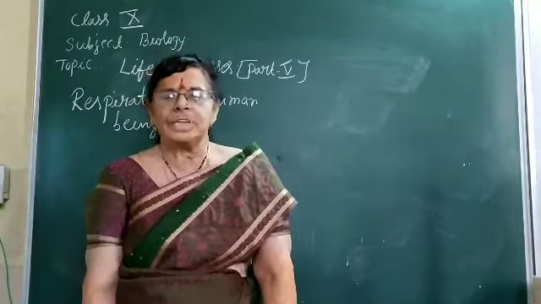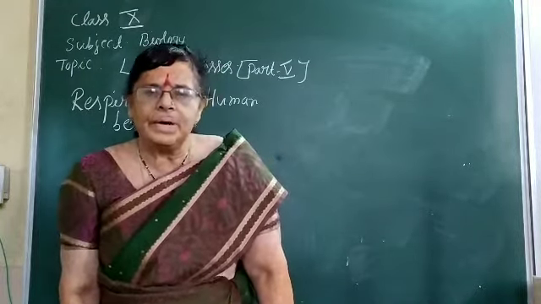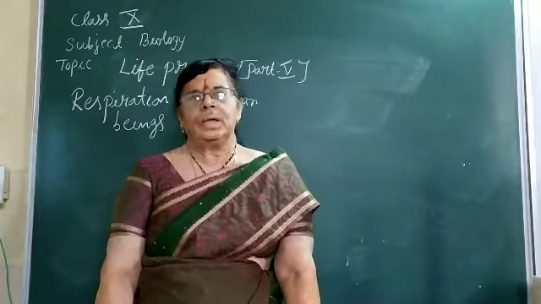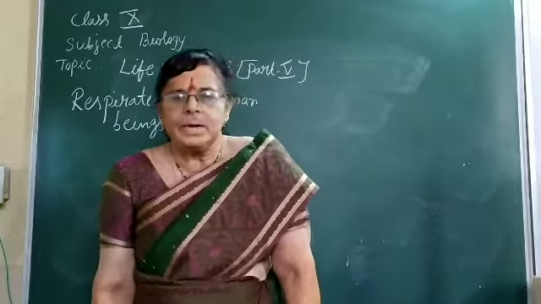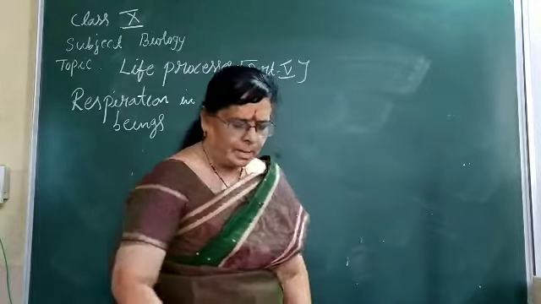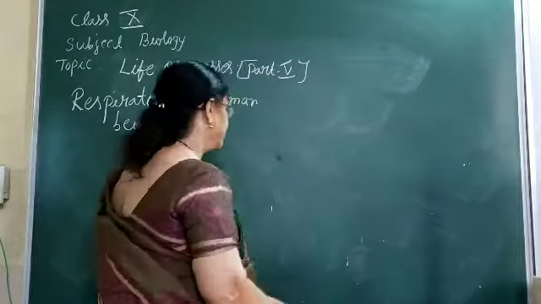The mechanism of respiration. It is important for us to know about the parts that are involved in the human respiratory system. So let us take the parts involved in the human respiratory system.